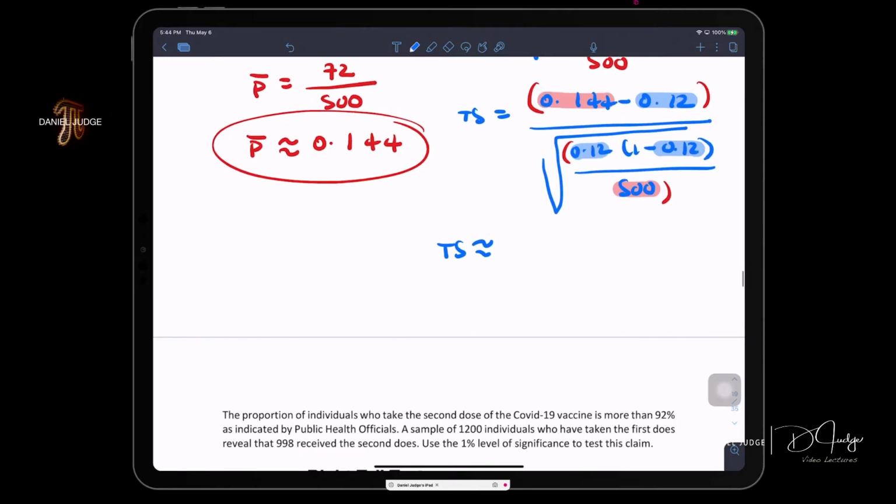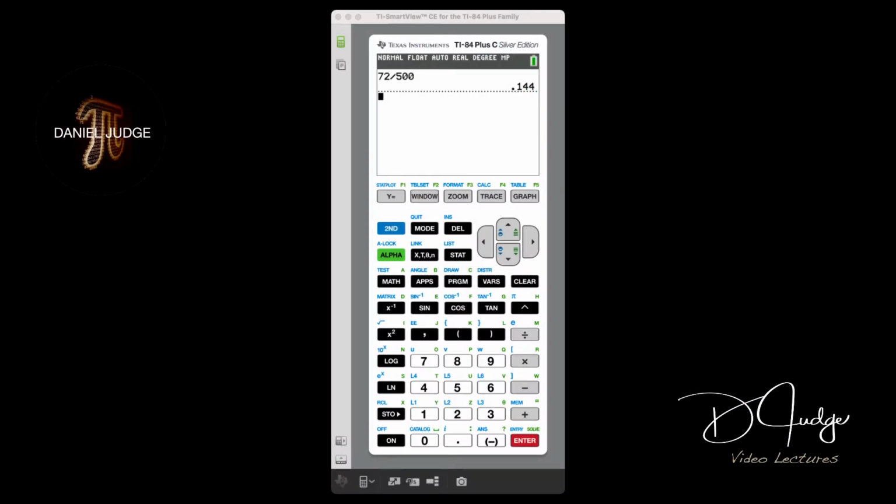All right, let's punch this in the TI. Parentheses, 0.144 minus 0.12.